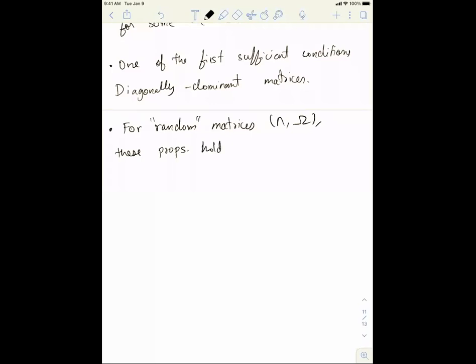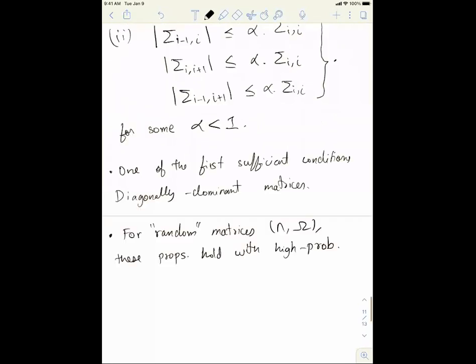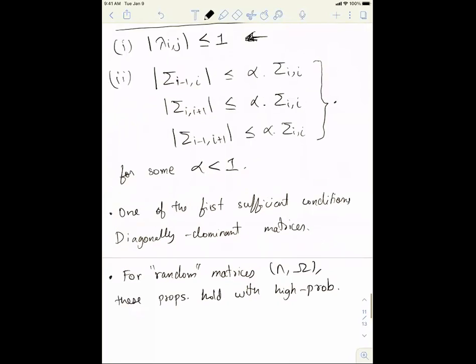So essentially, this says that there are a large enough set of instances where such properties hold. Given the time, I'll just stop here and ask for other questions.